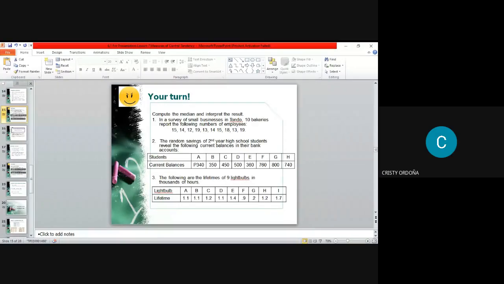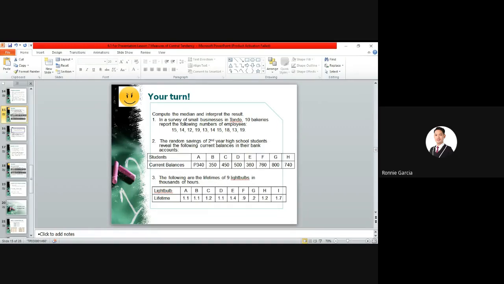Yes, sir. Unsa tong duha nga tunga? 14 and 15. Very good. So the average of 14 and 15 is 14.5. That is your answer, Miss Ordonia. Congratulations. Got the correct answer. That is also supported by your classmates sa chat box.